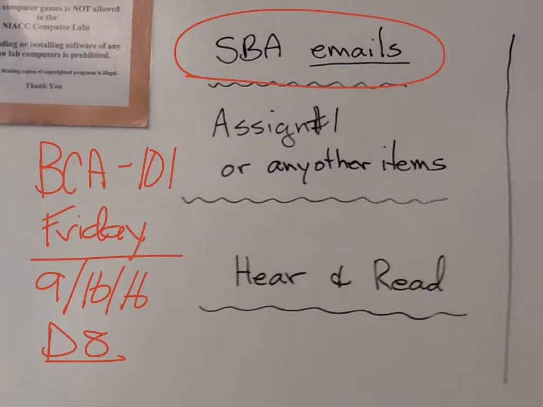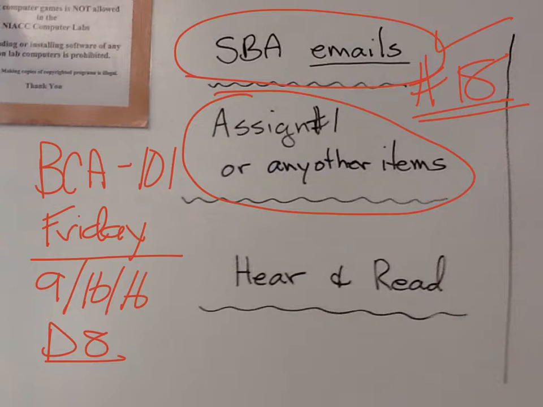Talked a little bit about skills base, had the students make sure you get your emails to me for number 18. Assignment 1 or any other items that weren't completed, I told the students they can check those and finish those out, and we would still give them credit for those.